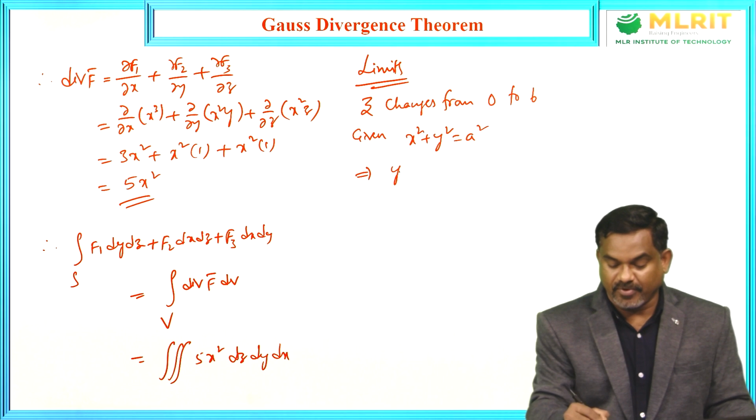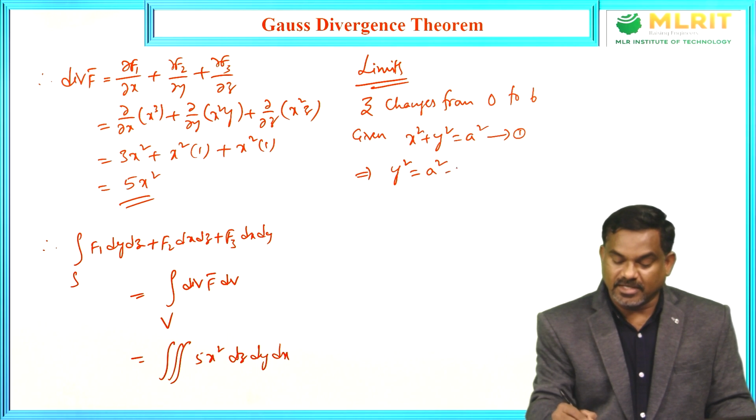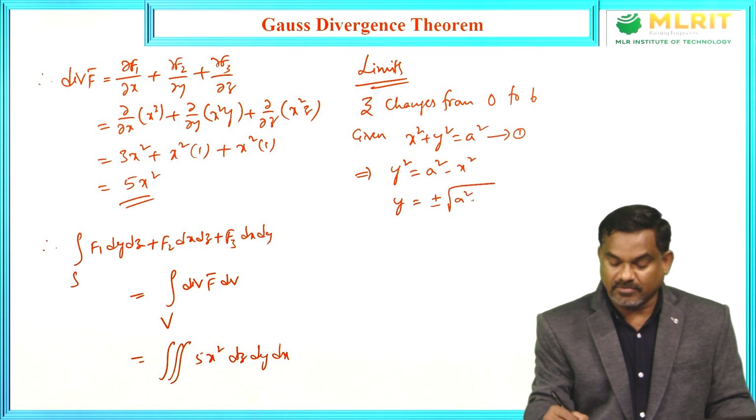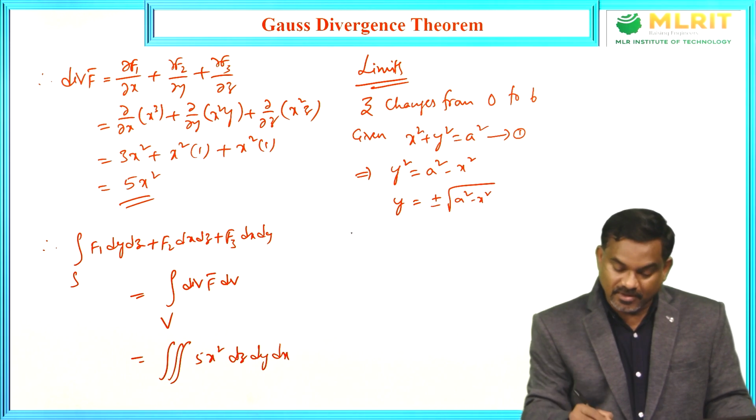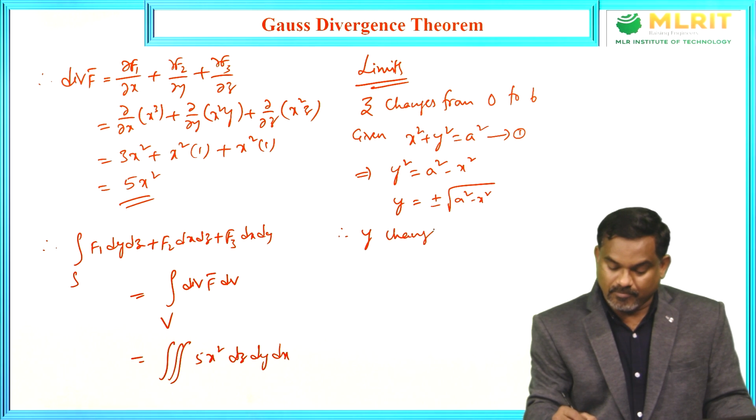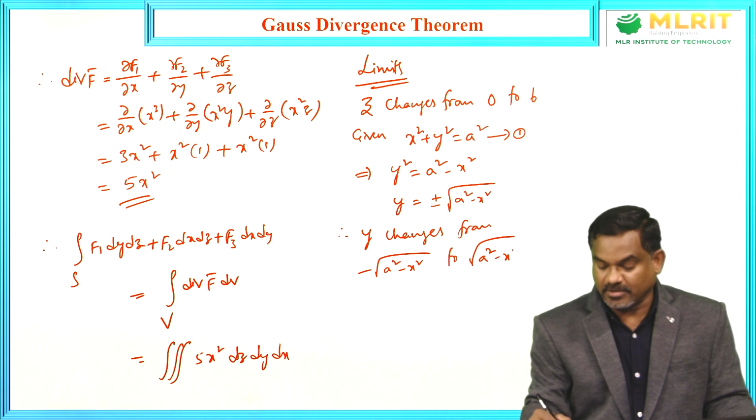From this we can find the value of y. This is equation 1. Y square is a square minus x square, so y is plus or minus root of a square minus x square. And therefore y changes from minus root a square minus x square to plus root a square minus x square.